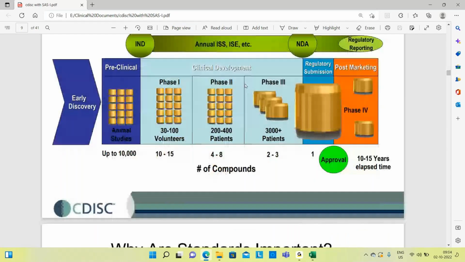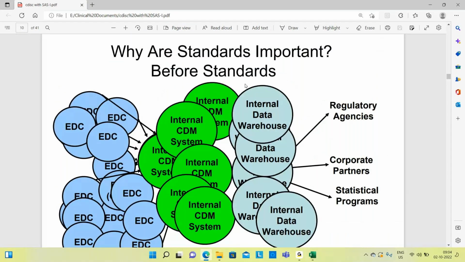Before standards, this is the process. You see, right? This is your EDC system. EDC stands for electronic data capture. Then internal CDM systems, internal clinical data management systems.